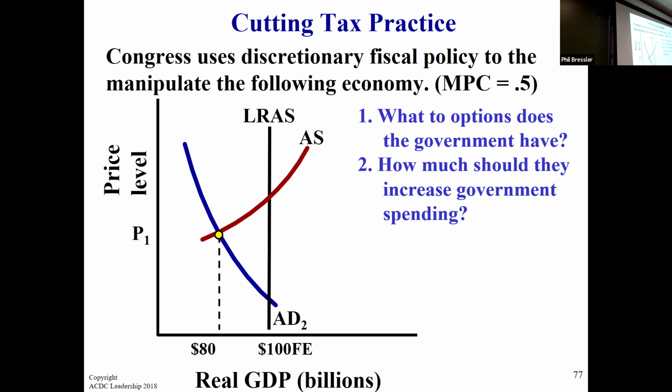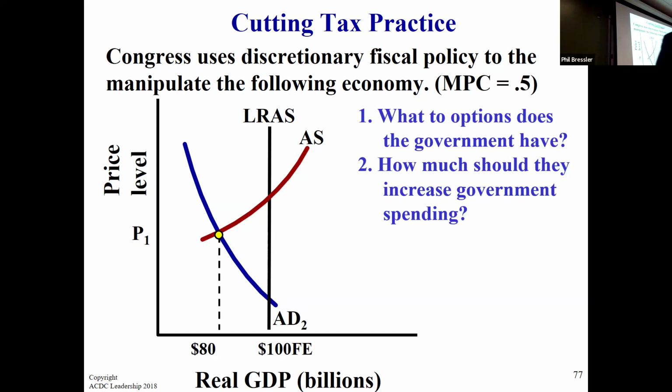What type of gap? If it's contractionary, which way is AD going to go? No, that would be expansionary, right? Wouldn't you be expanding the economy? So what type of gap is it first? Recessionary, and then you need what type of fiscal policy? Expansionary, right?